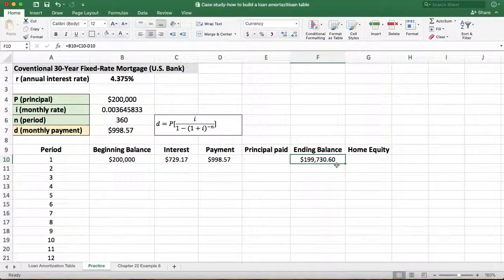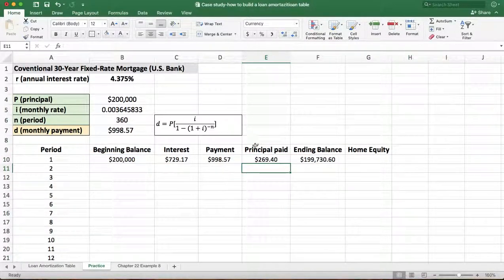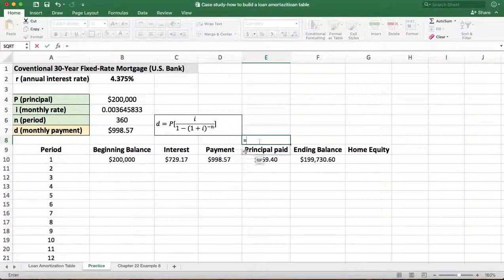So for the first period, even though your monthly payment is 998, your principal pay is only, we can calculate principal pay by beginning balance minus ending balance, or you can use another method, monthly payment minus interest, the same.